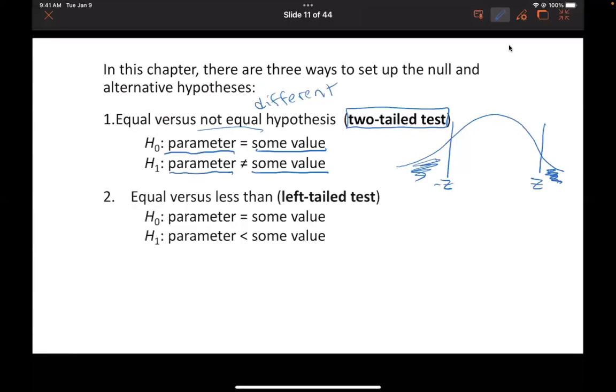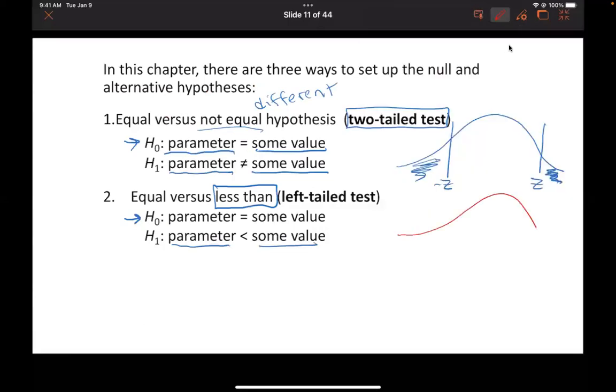Next, a left-tailed test. So once again, the null hypothesis is always going to look the same. Some parameter equals some value. But the left tail is that the parameter is less than some value. You will see the word less than for a left-tailed test. What that looks like, once again, I'm going to draw a picture because I can.